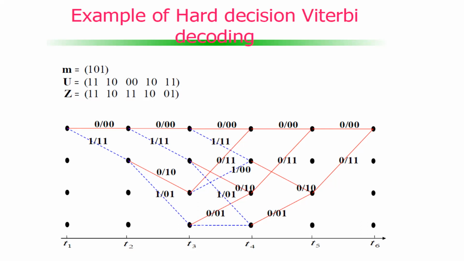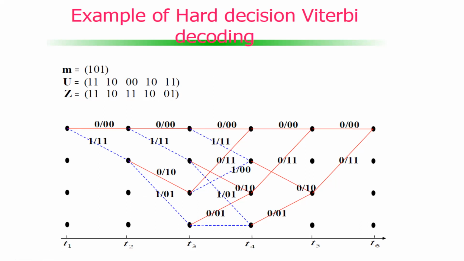Received code word will be compared with 2 raised to the power 10 possible code words. Wherever I find the distance to be the minimum, I will assume that that code word was transmitted.